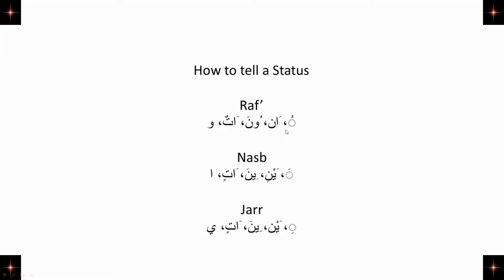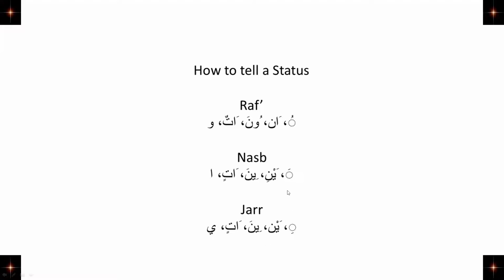You see, now you come to the realization that the u, ani, una, atun, waw are all signs that make me know that the word is in rafa status. So I can tell that a word is marfu'un by these endings. I can tell that a word is mansub by these endings. I can tell that a word is majrur by these endings.